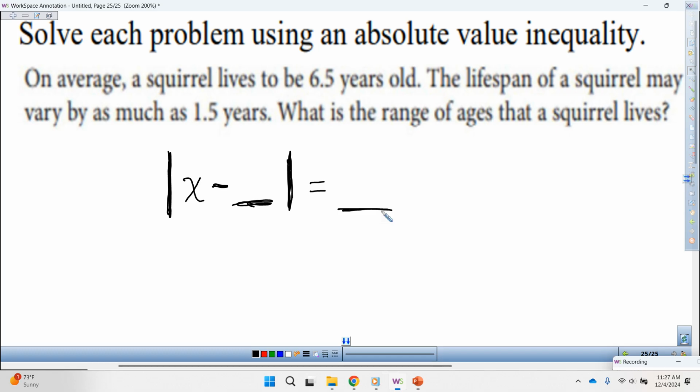So, by looking at the information here, it says that the squirrel lives 6.5 years, but it varies by as much as what? So question, which one of these is a plus minus number? Talk it over with your neighbor. Is it 6.5 or 1.5? Which one is a plus minus?